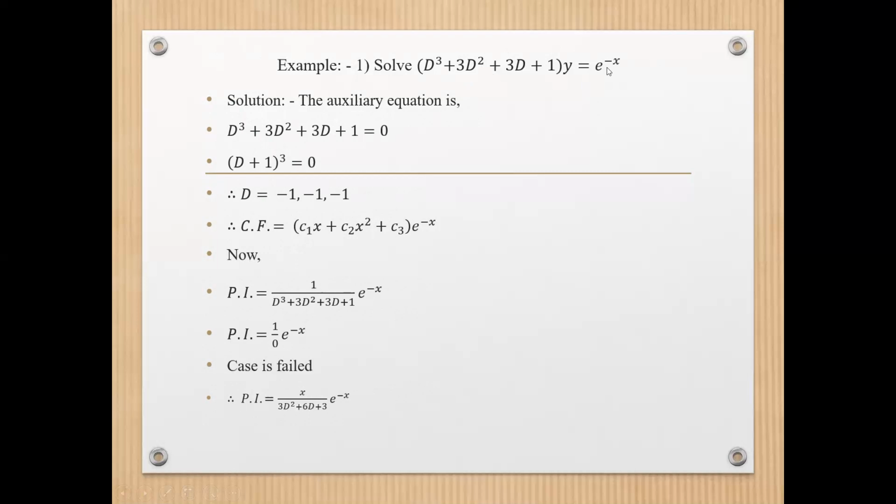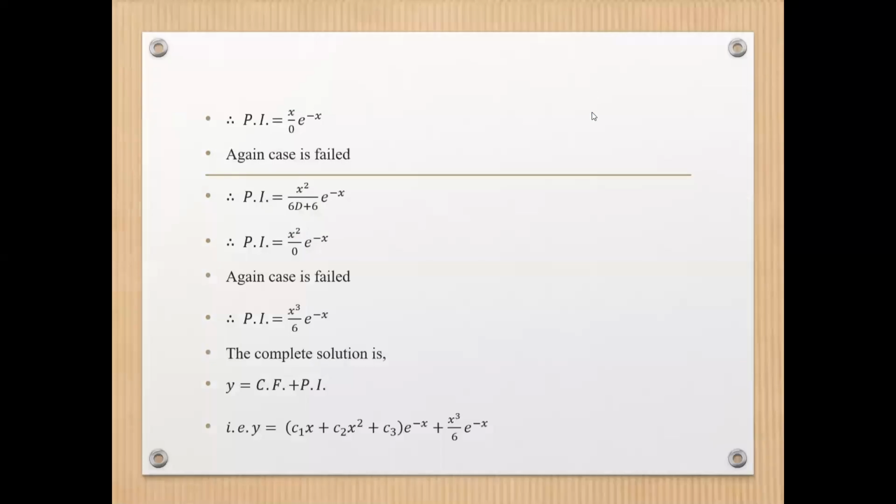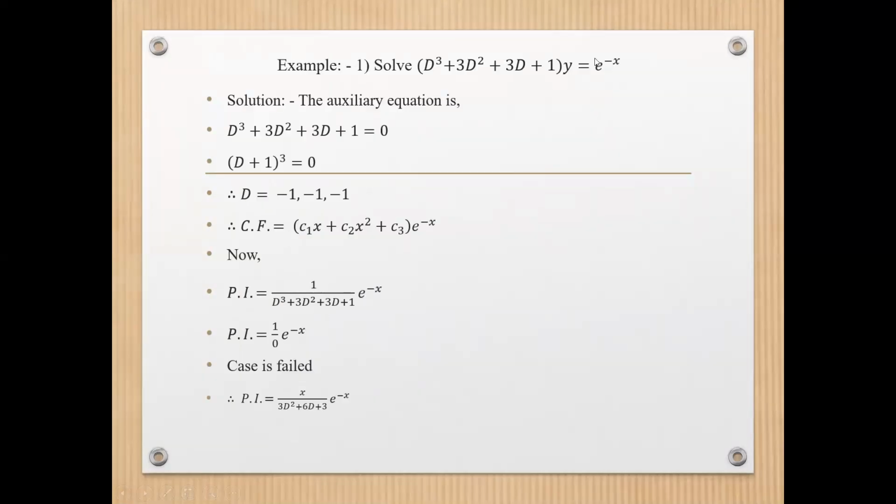Capital X is nothing but e raised to minus x, and the form of this right hand side is of the type e raised to ax, and here a is minus 1. So this problem is related to type number 1.